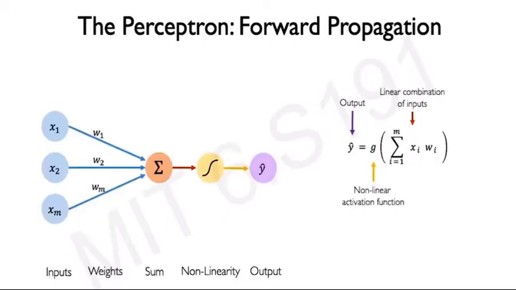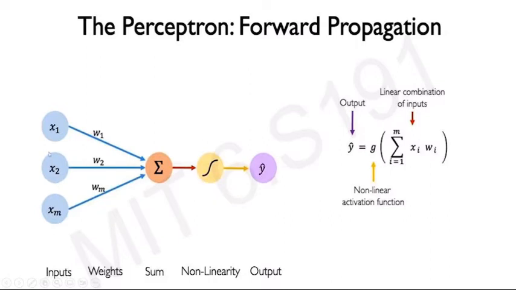Okay, so when we talk about deep learning, I'm actually going to show you the network architecture now that we call the perceptron. We want to talk about the forward propagation, where we start from input data. The input data has x1, x2 up to xm.